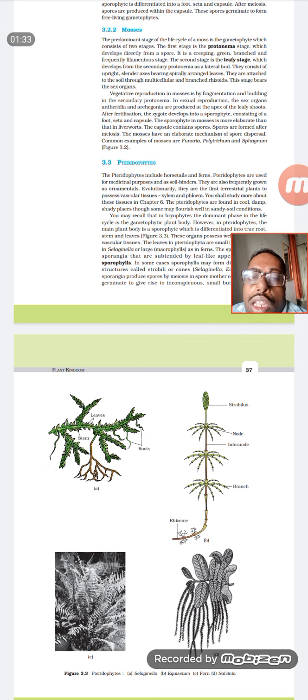Plus they need a system which can conduct this water and transport the food material from one place to another. So this was first seen in pteridophytes. And one of the best examples of pteridophytes are ferns, which we can see in our common areas where there is more water logging.